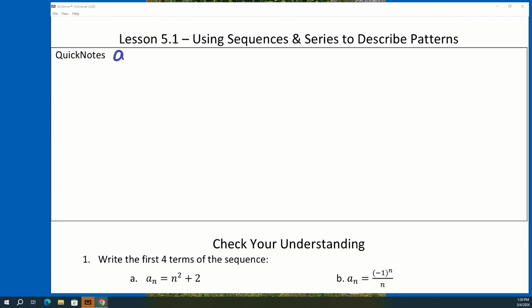All right, so we're going to say that A sub n is a sequence where n is the term number. I think I might have said m. I meant to say n.